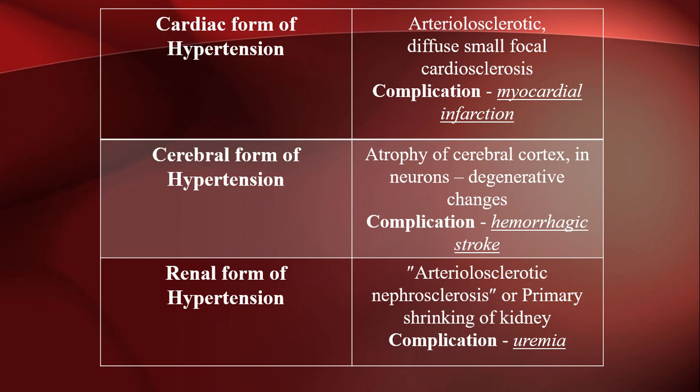In the cerebral form of hypertension, there is atrophy of the cerebral cortex and neurons develop degenerative change. The complication is hemorrhagic stroke, which we'll discuss later. And in the renal form of hypertension, arteriolosclerotic nephrosclerosis or primary shrinking of the kidney, the complication is uremia.